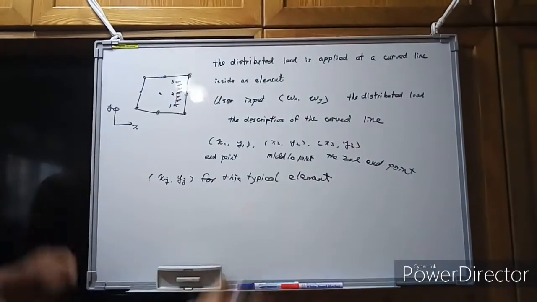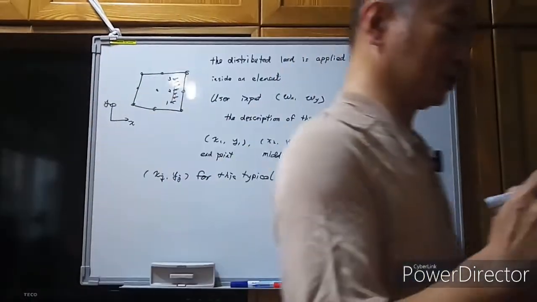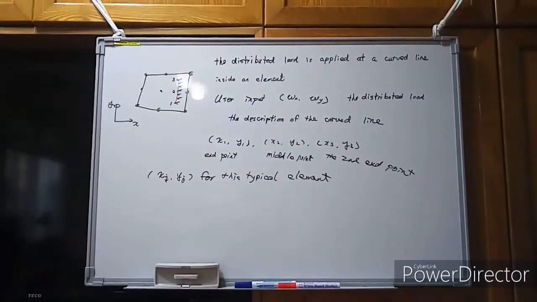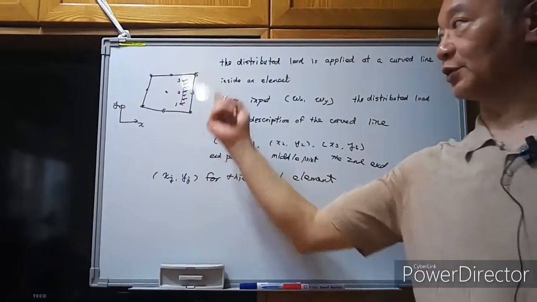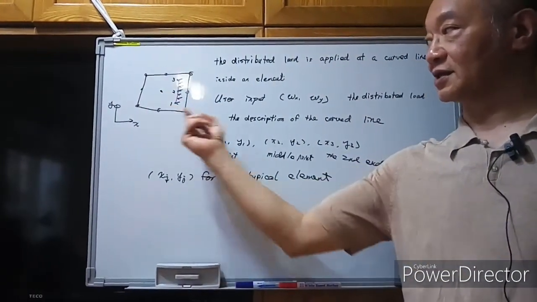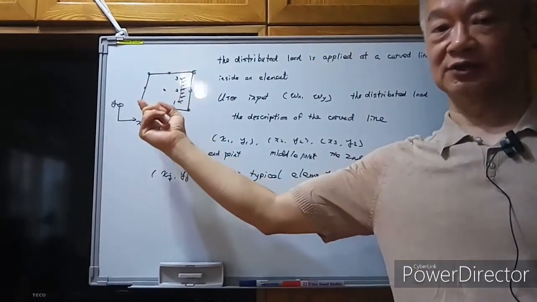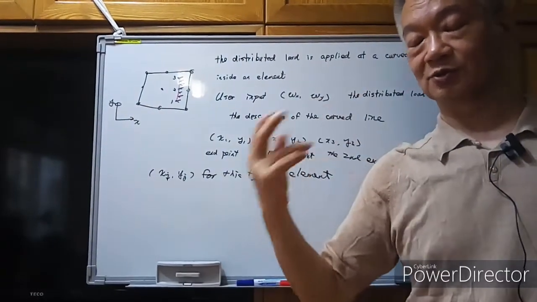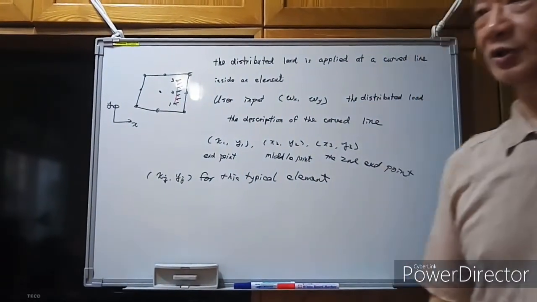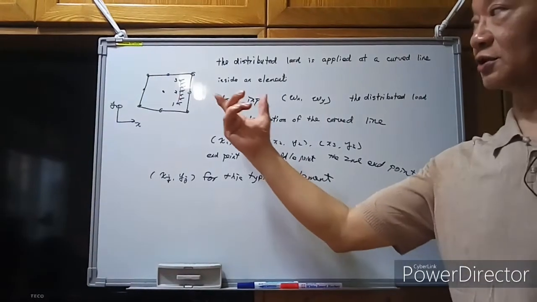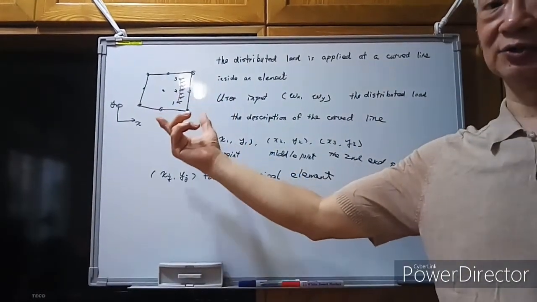Okay, we know all of these, the nodal coordinates for all the related nodal points for this element. This time I draw a 9-node element. Okay, so remember, you can choose the 4-node element or 9-node element.